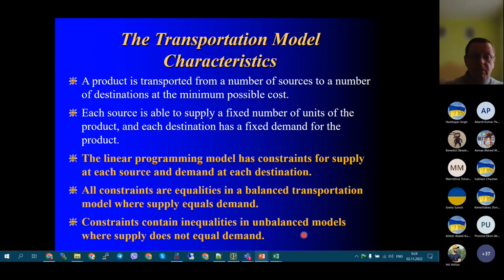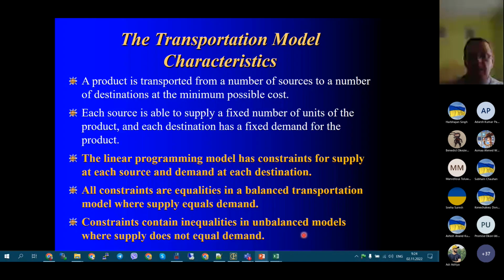So the answer to the transportation problem is a shipping plan which will depict the amount of items that have to be delivered from a specific source point to a specific destination. And the linear programming model has constraints for supply at each source and demand for each destination.